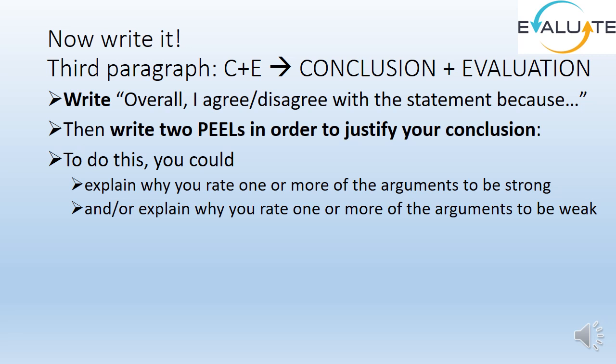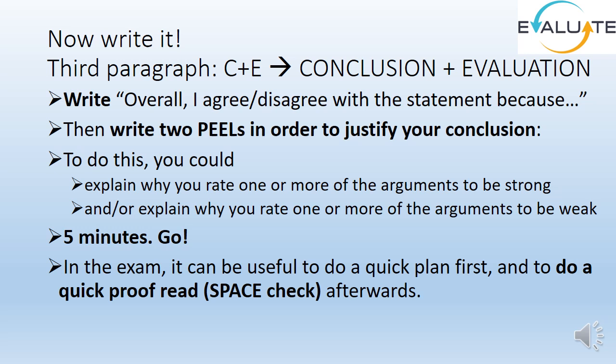If that's just too hard, as a last resort, it's not the ideal. If you don't have to do this, brilliant, don't do it. But if you just want to make another point on your side, that can look like evaluation as well. All right, but don't worry too much about that, because if you can actually evaluate the arguments you've already talked about on each side, that's even better. So that would take you about 5 minutes to write, wouldn't it?